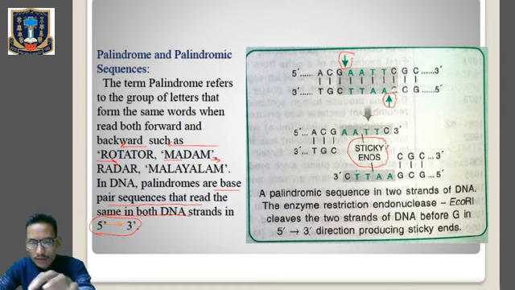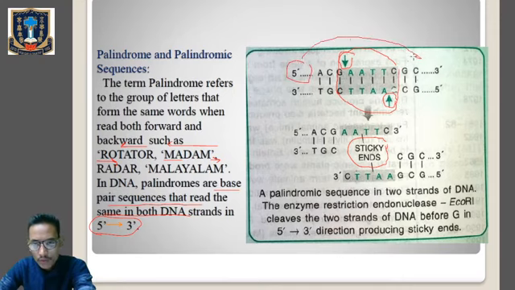This we'll see in detail when we go through the next topic. But for now just remember the sequence GAATTC, which is read in the same way when you go from 5' to 3', and again from 5' to 3'.